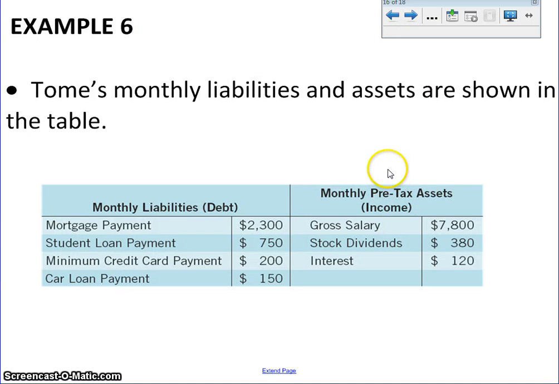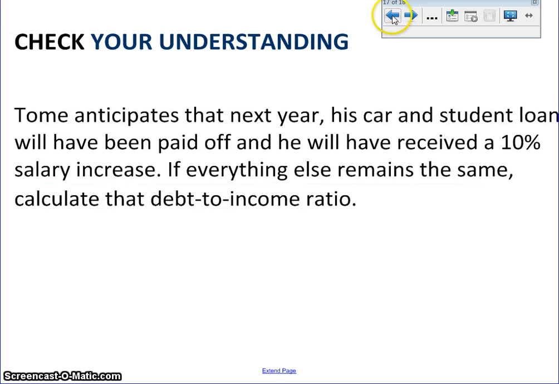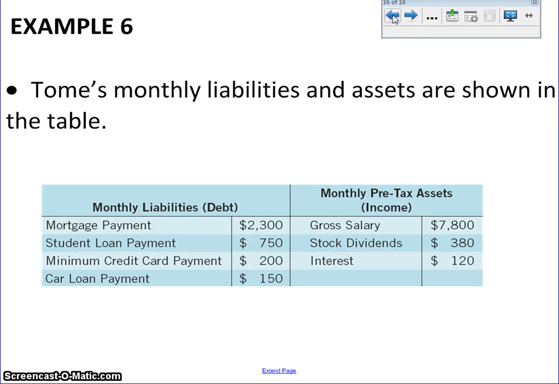All right, last example. It said Tomei's monthly liabilities and assets are shown in this table. And it says to find Tomei's debt to income ratio.